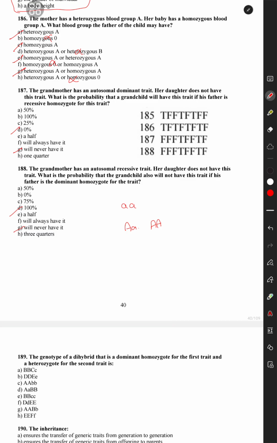False, false, false, true, false, false, true. 100% will never have it. Because दोनों हैं तो ये इसके पास 100%, तो ये recessive trait नहीं आ सकती उस बच्चे के पास. 100% will never have it.